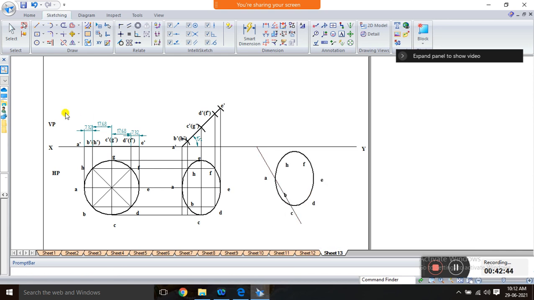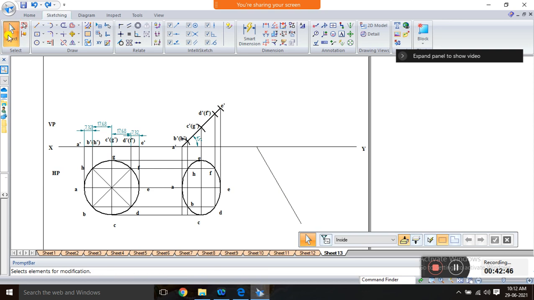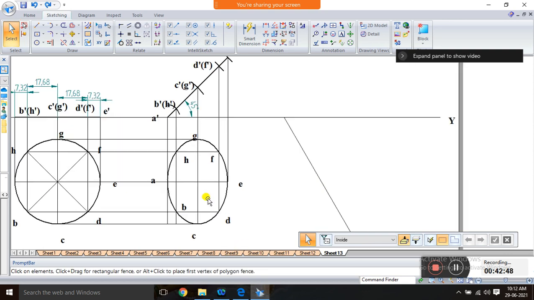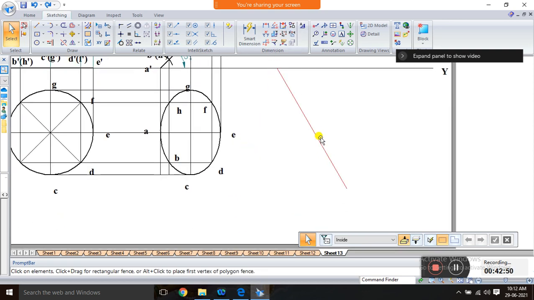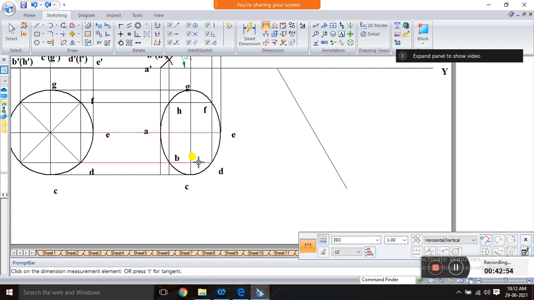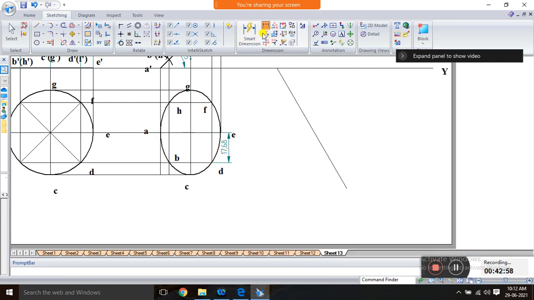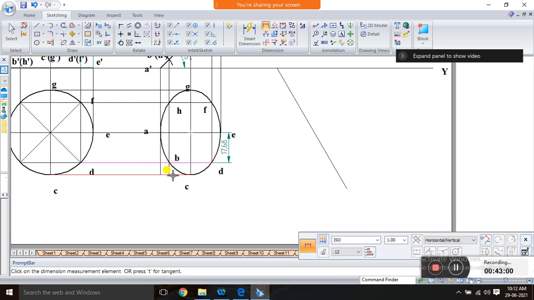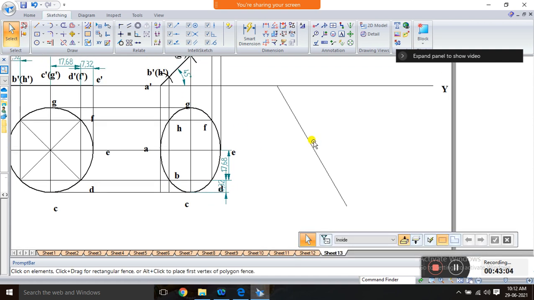But the manual way is entirely different. So use vertical and horizontal lines here. We already got 60 degrees. So measure the distance, like this, and draw the lines with the help of your roller scale.